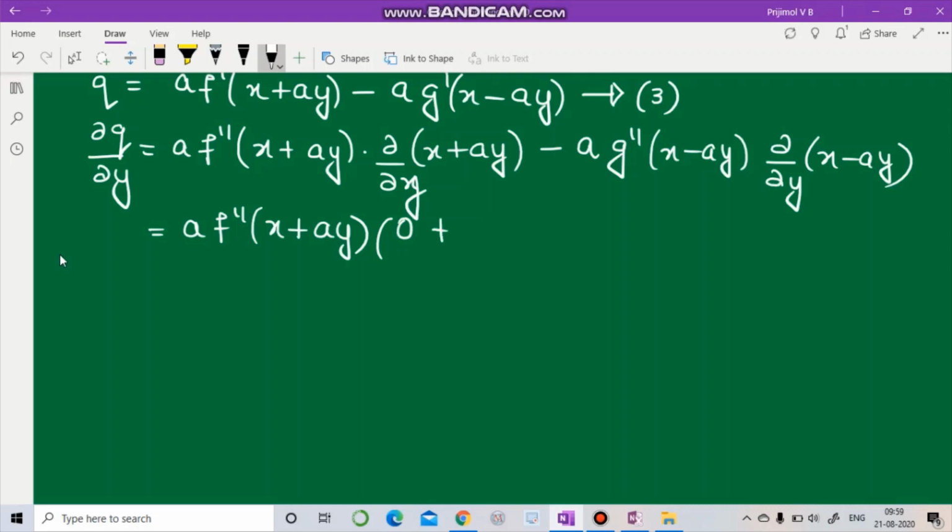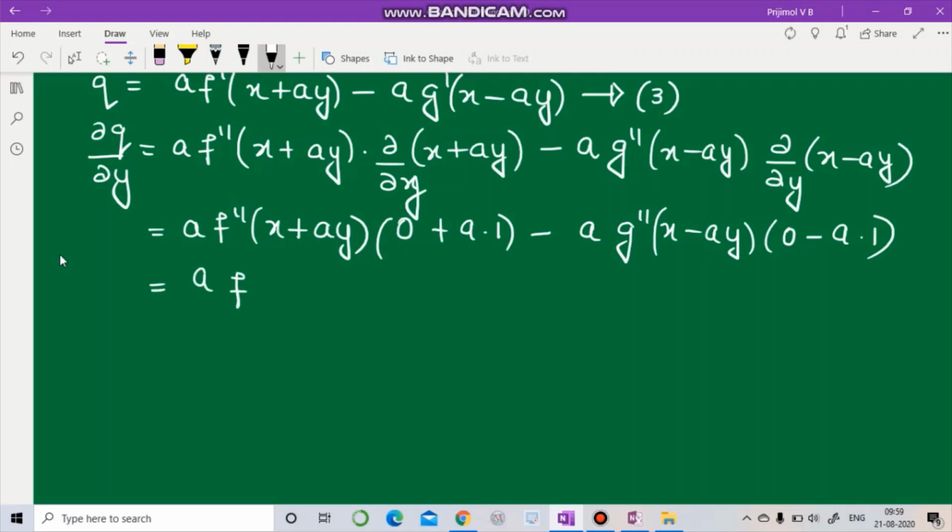So 0 plus a into 1, 0 minus a into 1. So which is a into a square, f double dash of x plus ay, minus a into minus a, it will be plus a square, g double dash of x minus ay.